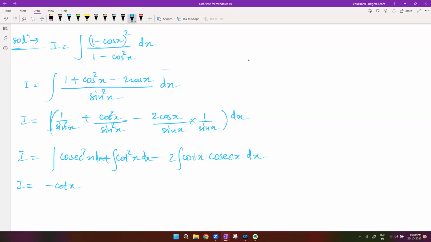Cot square x can be written as cosec square x minus 1. And we know the integration of cosec square x as well as minus 1. So this is nothing but the integration of cosec square x minus 1 into dx.